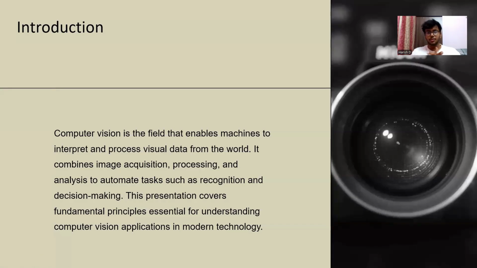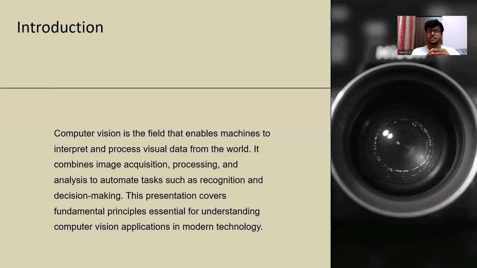Introduction to computer vision. Computer vision is the field that enables machines to interpret and process visual data from the world. It captures the world through eyes, cameras, lenses, or robotics, capturing those moments or the environment or the atmosphere through the lenses, and then processing it into digital form, which is called an image.